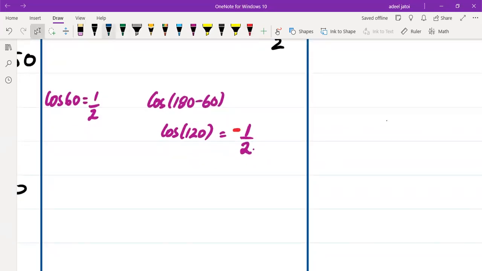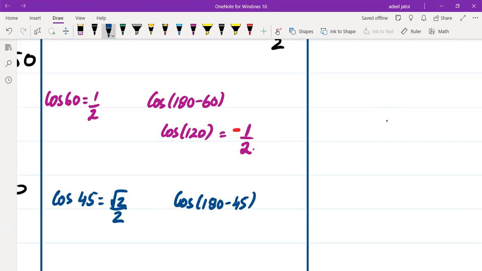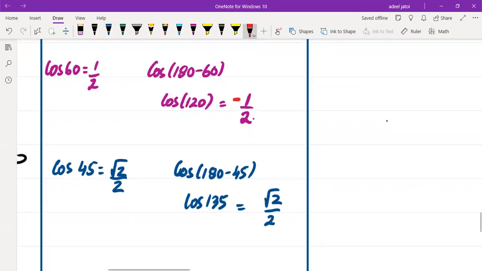In a similar way, we need to understand that cos 45 is root 2 upon 2 or 1 upon root 2. So cos 180 minus 45, which means cos 135, will be root 2 upon 2. But since this is obtuse, your cos will be negative.